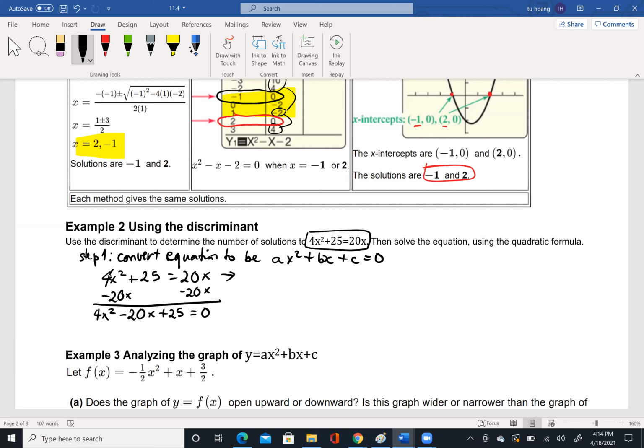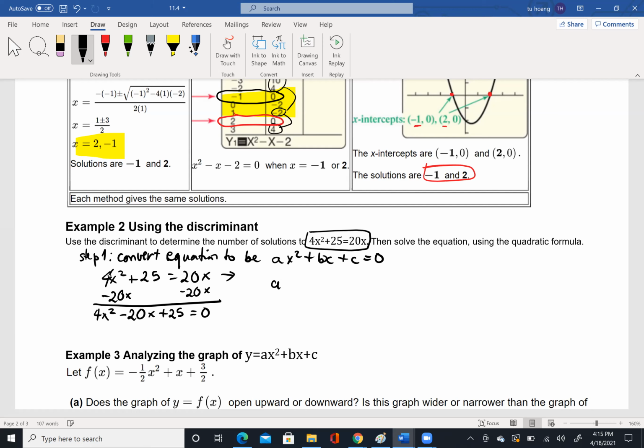If you like, you can divide both sides by 4 to reduce the constants. So x squared minus 5x plus... oh, it doesn't work because 25 cannot be divided by 4. So I'm just going to keep it in this form. That's fine, no worry.